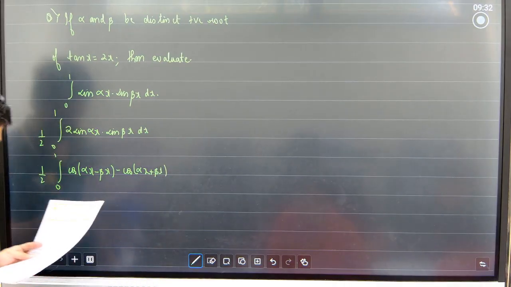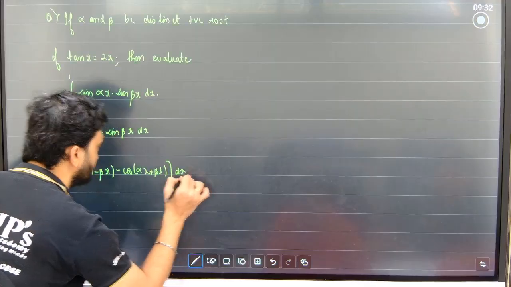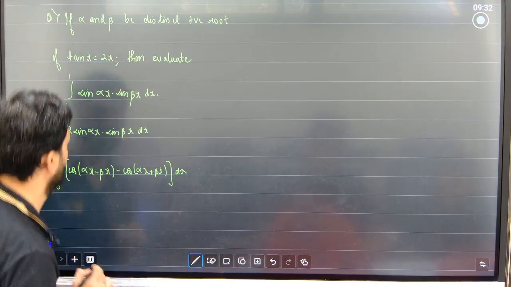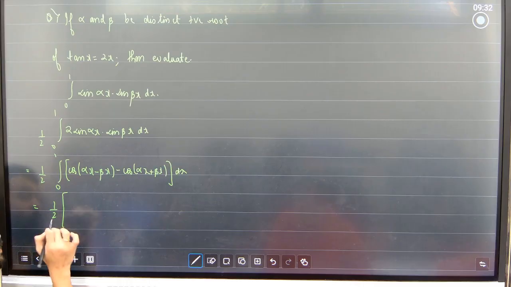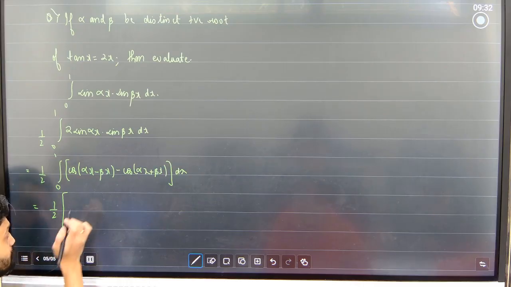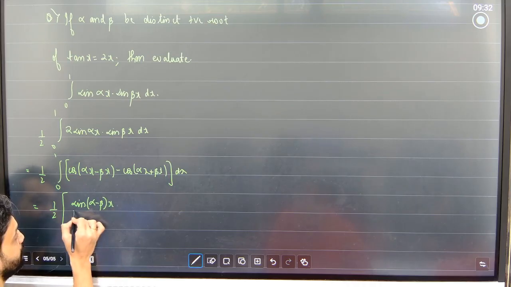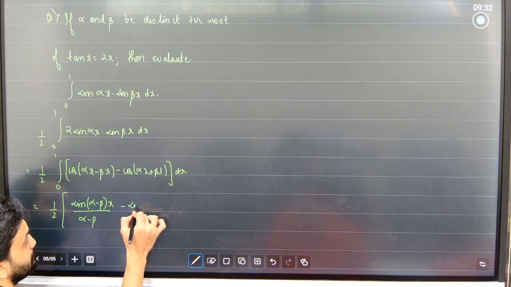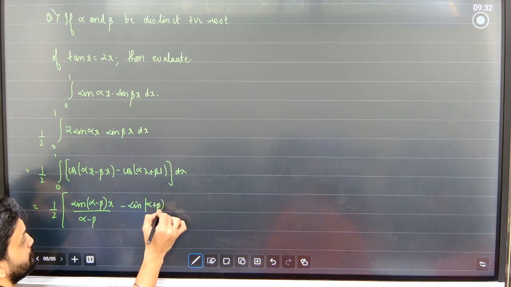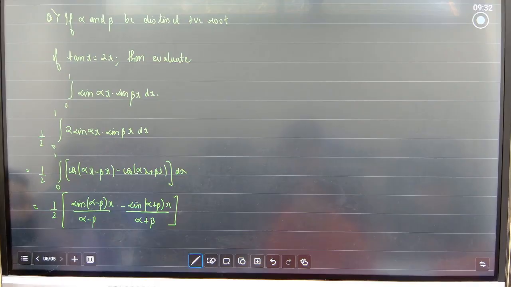Now if I integrate this, the integral of cos alpha minus beta x is sin alpha minus beta x upon alpha minus beta, minus sin alpha plus beta x upon alpha plus beta, from 0 to 1.